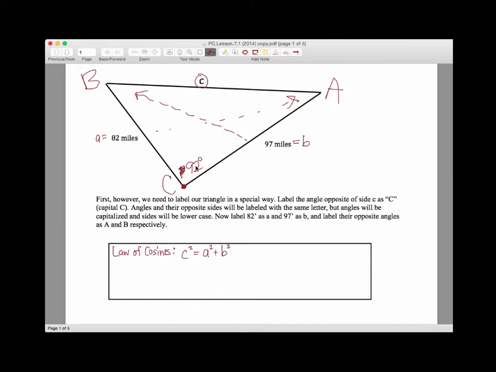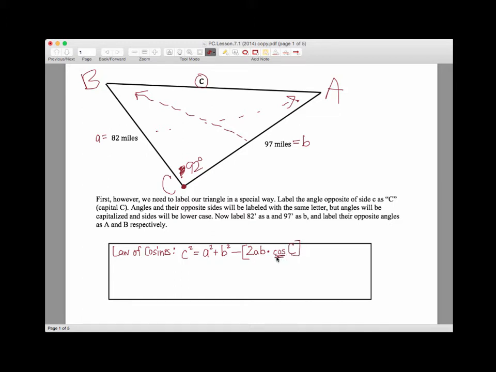And so that little adjustment for the fact that C is not a right angle is going to be added to our formula. The law of cosines will have another little piece: minus the quantity of not a, but 2 times a times b times the cosine of angle C. That is the law of cosines for any triangle.